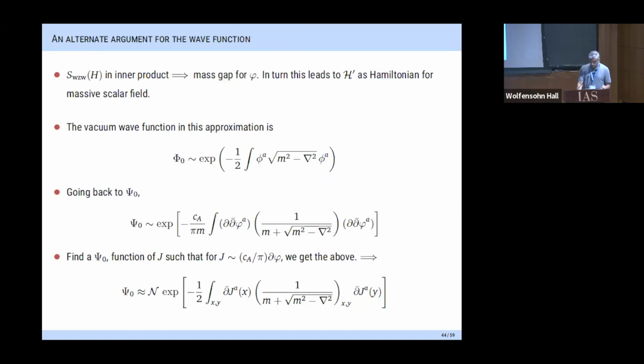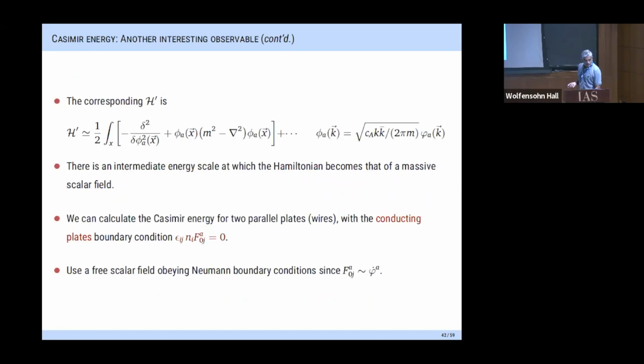Now, related to that, I also want to give the alternate argument, because we saw this Hamiltonian. You might say, well, if this is a Hamiltonian, at least to this order, with just using this term, I should be able to compute the vacuum wave function corresponding to this Hamiltonian.